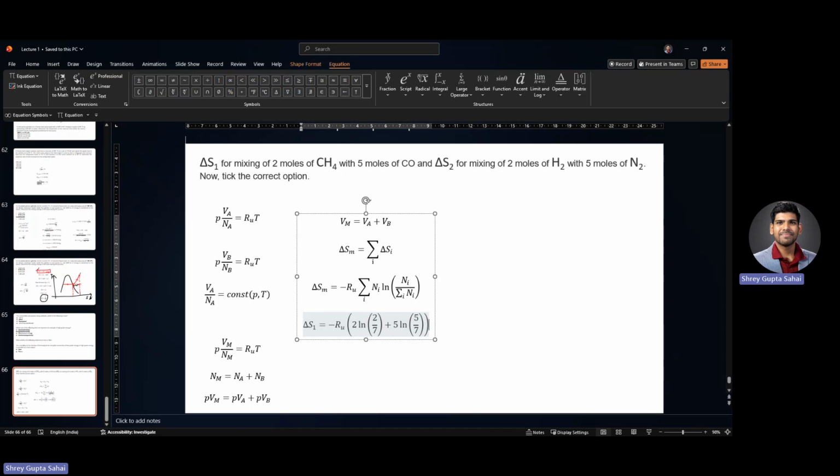Is this okay? And in the other case also, the same thing is there. So delta S1 will be equal to delta S2. That's it. That's the answer.